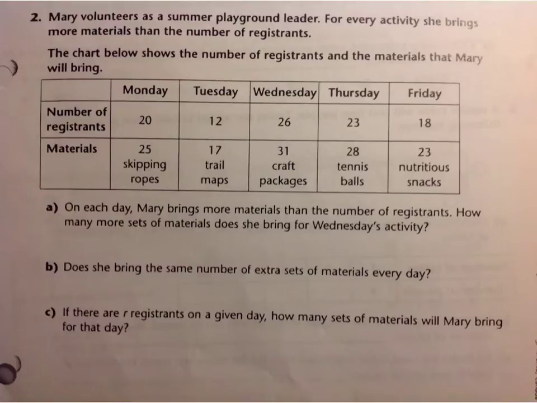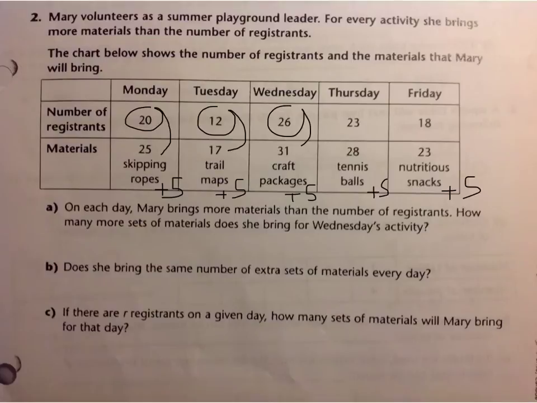So on Monday, there are 20 people, and she brings 25 items. I'm going to note that's 5 more items. There's 12, and then there's 17. That's 5 more. This one's 5 more, and this one's 5 more.